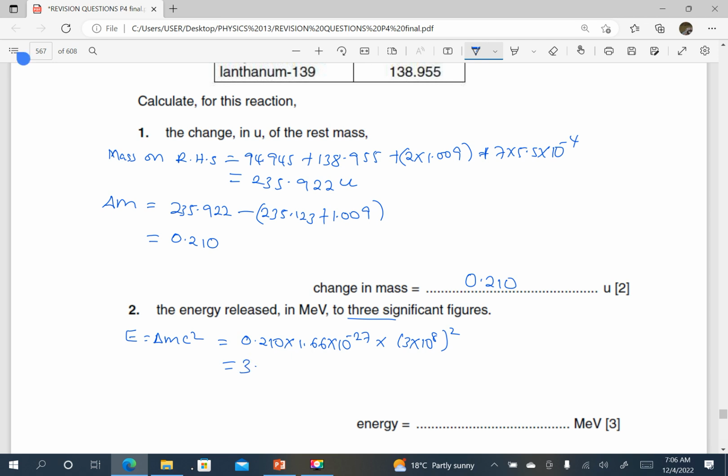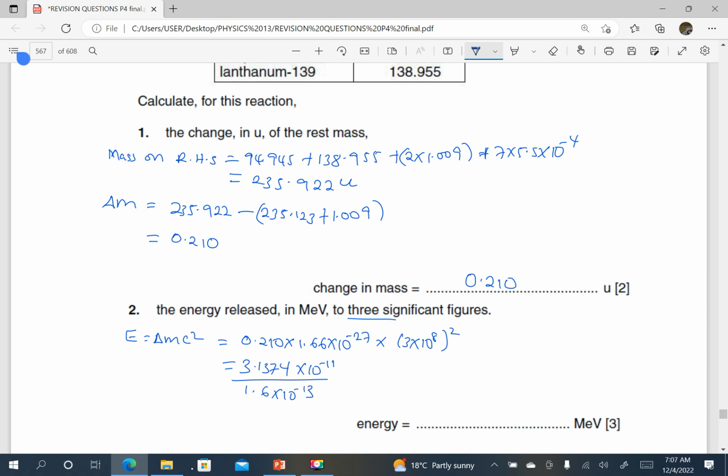So this is 3.1374 times 10 to the power negative 11. Then I divide it by 1.6 times 10 to the power negative 13 to change it to mega electron volts.